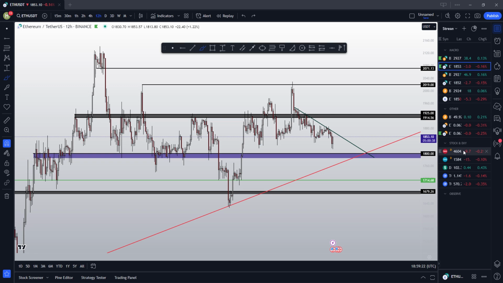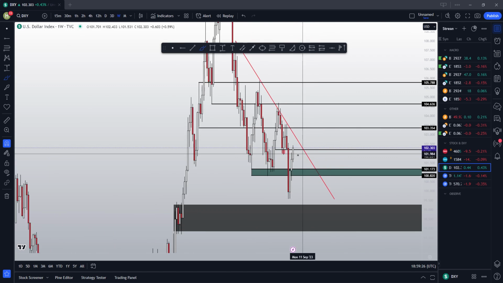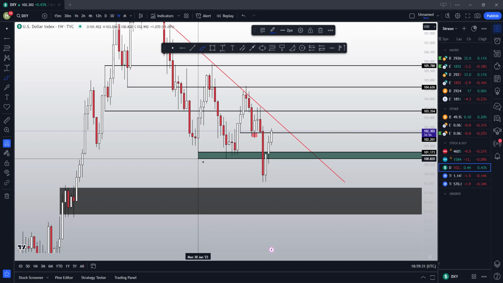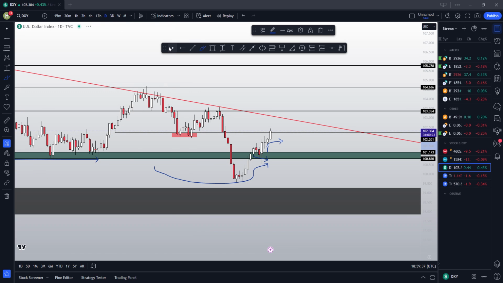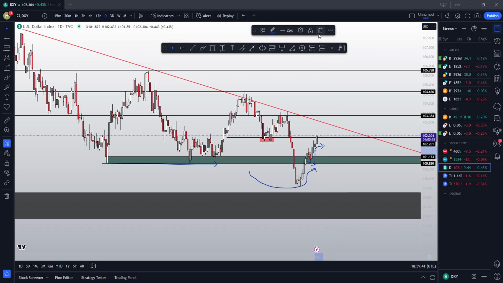Next, I'm going to talk about the dollar index, which is bullish enough. It took those lows here, deviated, retested, and is going upside. In my opinion, this is the fake out and the double top. For as long as the dollar holds the green zone, it's bullish in my opinion, and I'm aiming for higher targets.